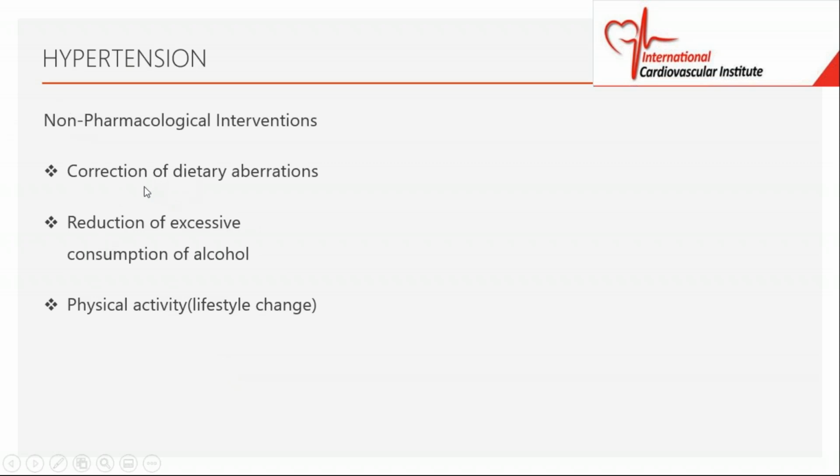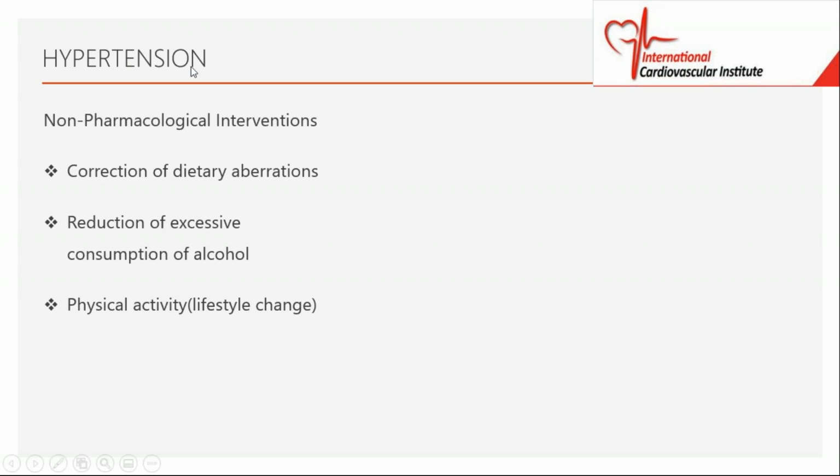One of the important things when we talk about the treatment of hypertension is the non-pharmacological approach. Remember what we said, a significant proportion of hypertension is due to dietary indiscretion, weight gain, obesity, and alcohol consumption.